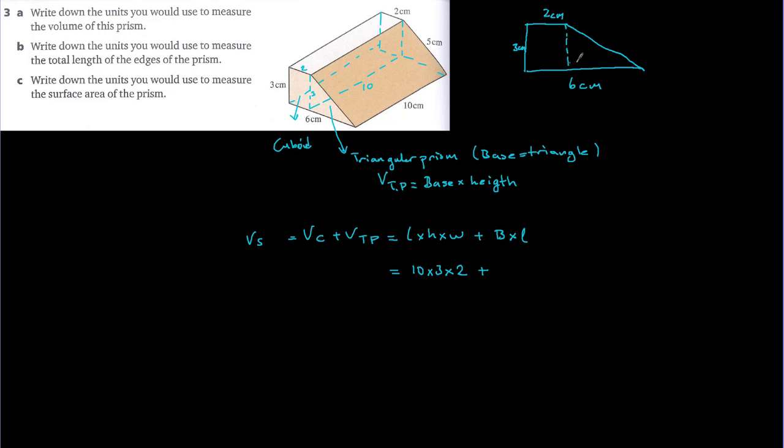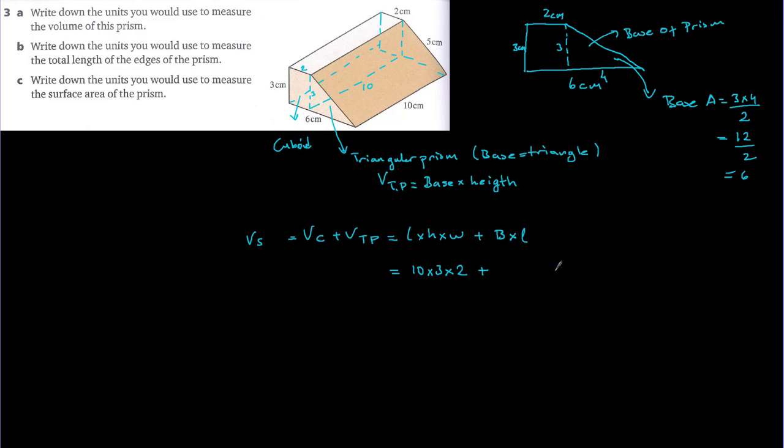When you draw this line here, this is the triangle, the base of the prism, which is 3 centimeter and 4 centimeter. The base area is 3 times 4 divided by 2, which is 12 over 2, which is 6, the area of the triangle.